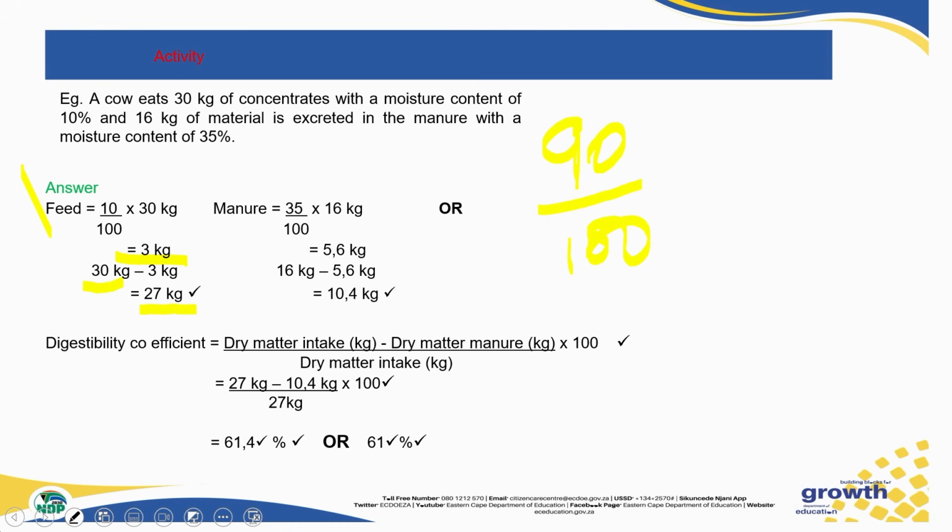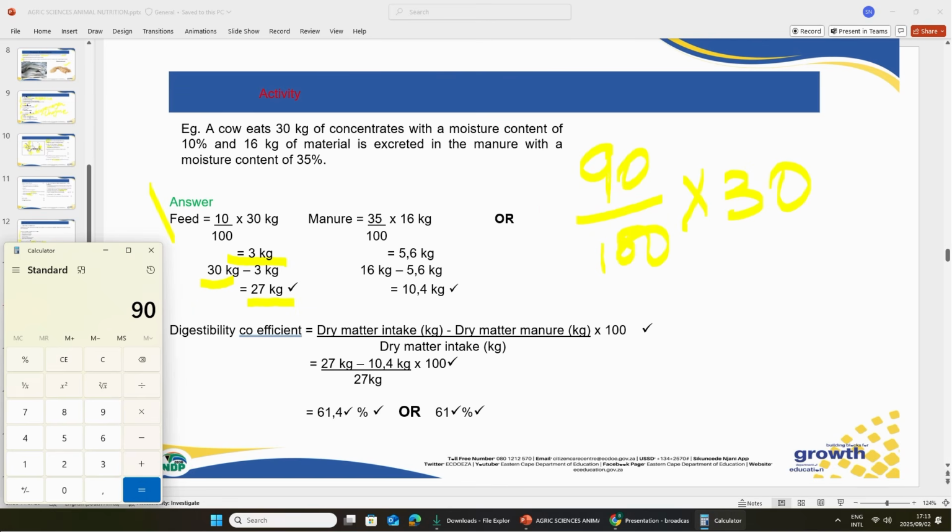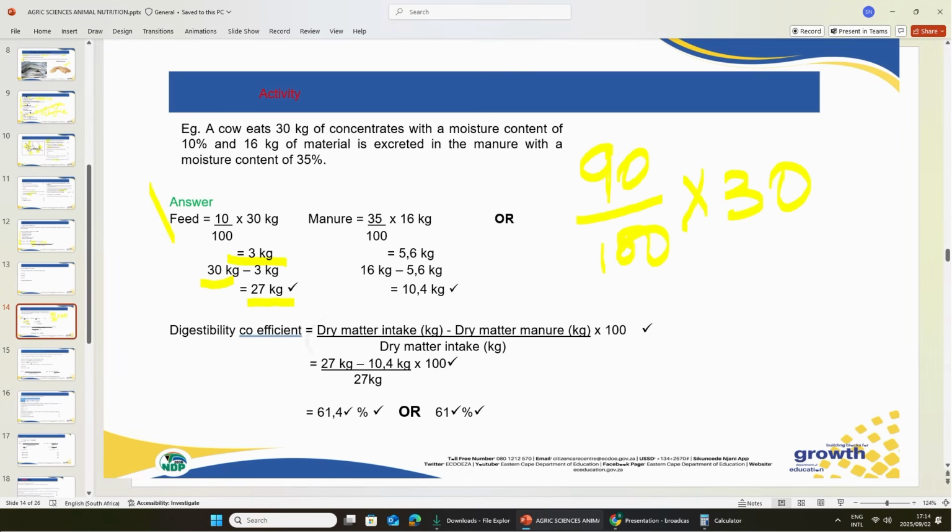So you work with 90 divided by 100 times 30. The easiest way to remove water, because you used to forget to subtract this 3 kg from the actual feed of 30 kg, is to work with the difference of 10 from 100, which is 90, divided by 100 times 30, equal to 27. It gets straight to the dry matter content.